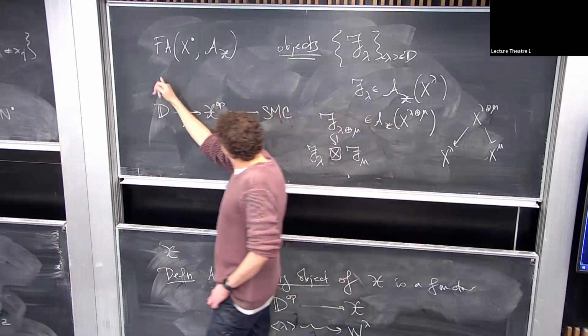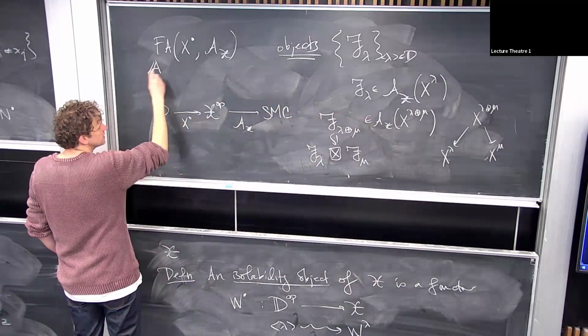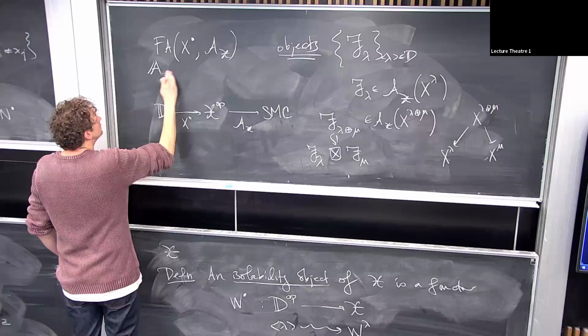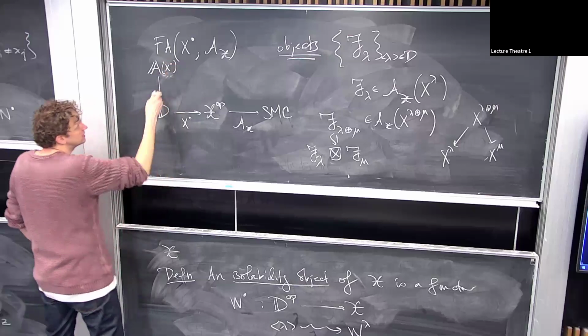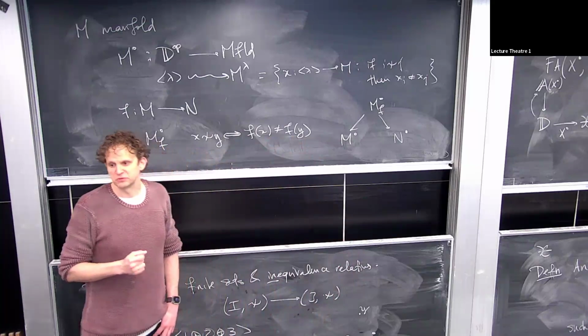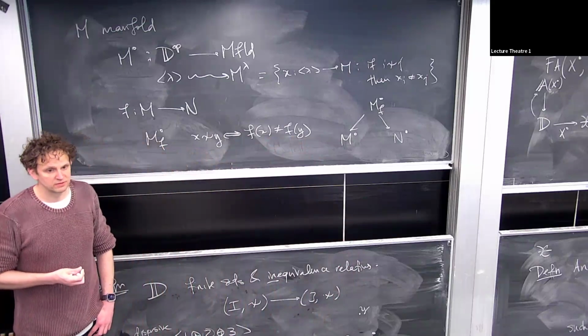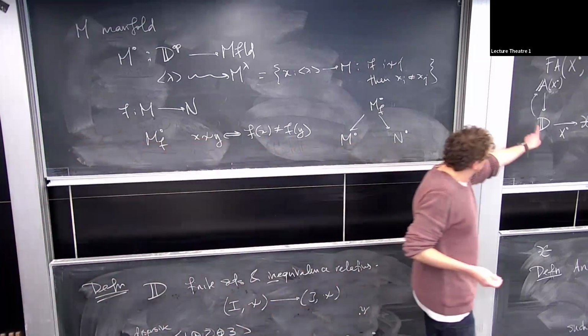That gives you a symmetric monoidal co-Cartesian fibration, which I'll call boldface A. And this category is the category of symmetric monoidal co-Cartesian sections of that fibration.